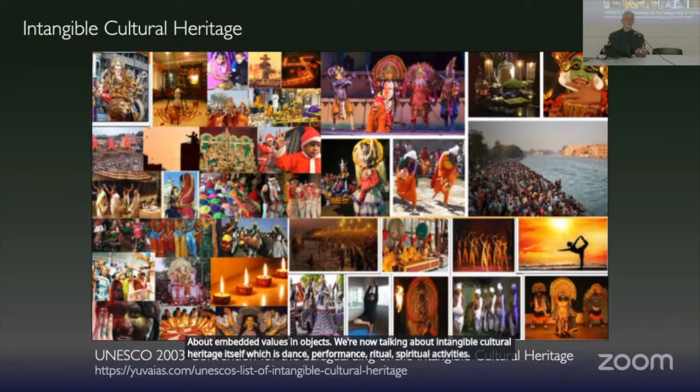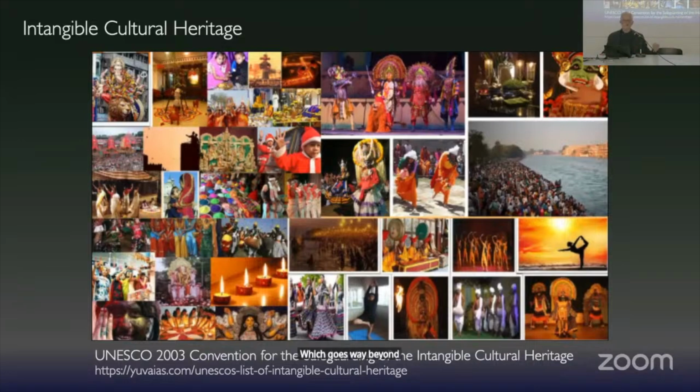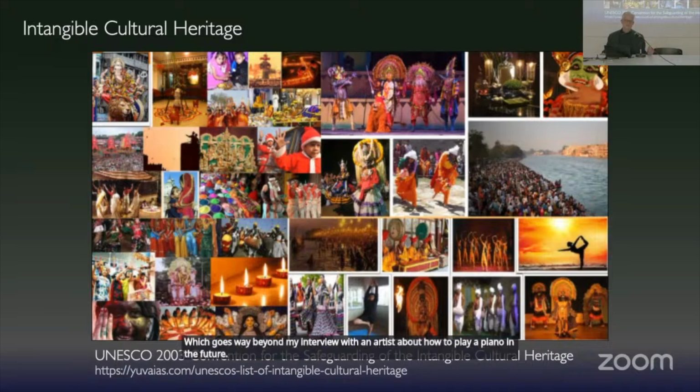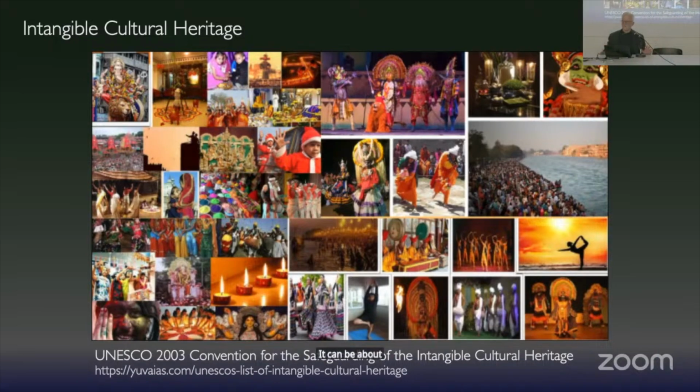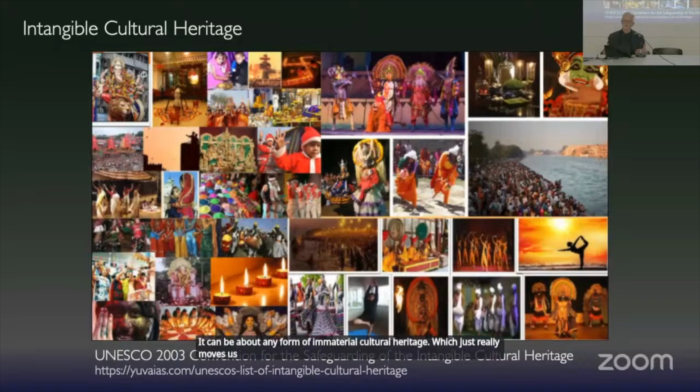And so now cultural heritage conservators are conserving them as well. Which goes way beyond my interview with an artist about how to play a piano in the future. It can be about any form of immaterial cultural heritage, which really moves us forward in thinking about tangibility and intangibility.